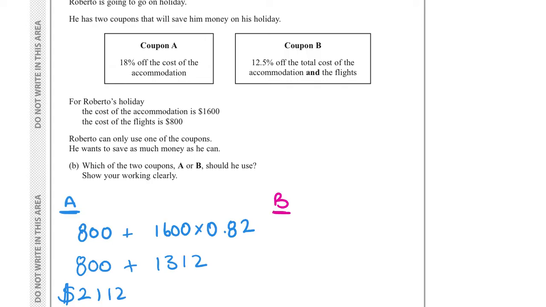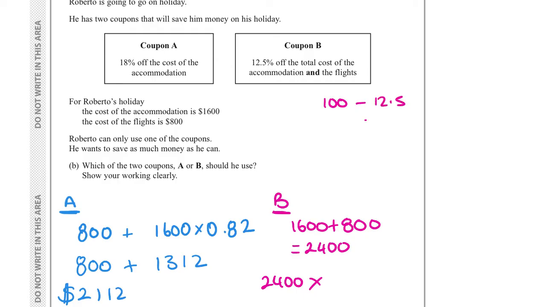Now, coupon B says 12.5% off the total cost of accommodation and flights. So accommodation plus flights is 2,400. If I want 100% minus 12.5%, that's 87.5%. As a multiplier, 0.875.